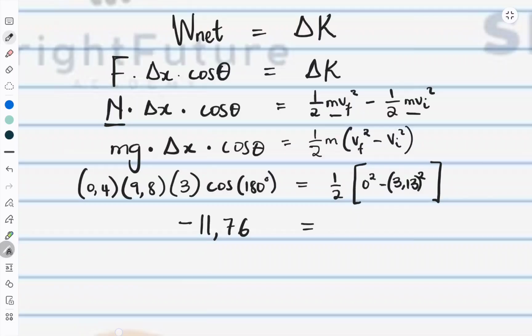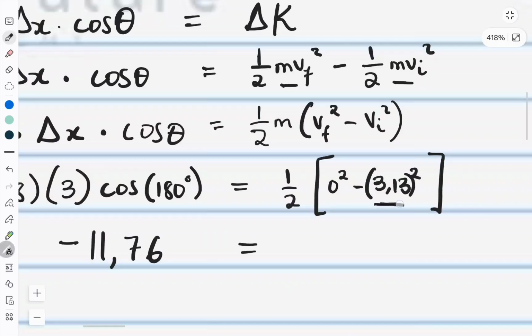Okay, then on the other hand, 0.5 times 3.1. You must be careful here. It's easy to take 3.13 and make it VF, but that's just a mistake. So be very careful when you substitute your VI and VF.